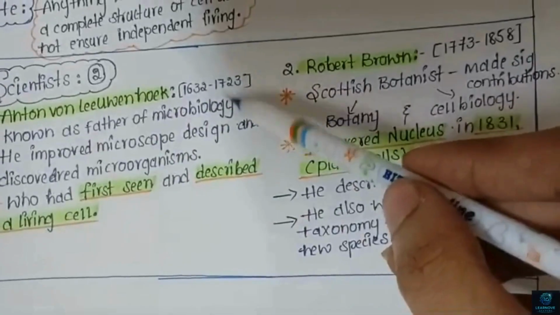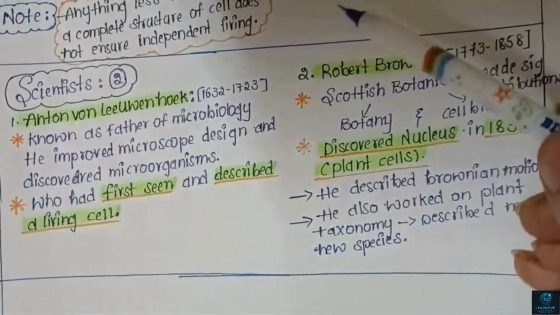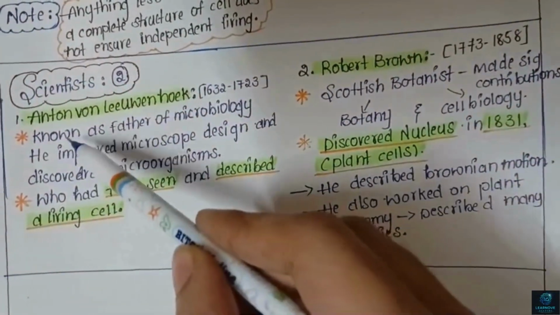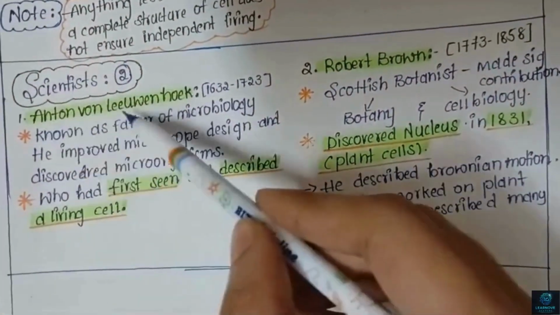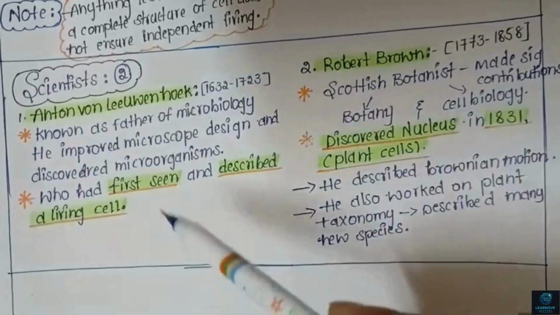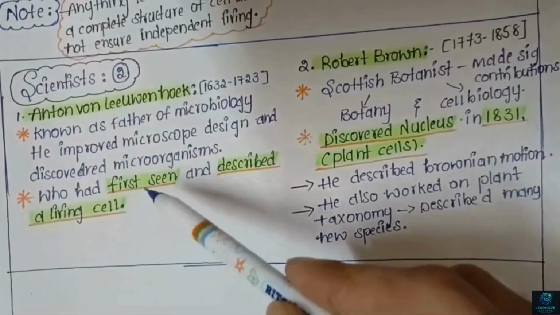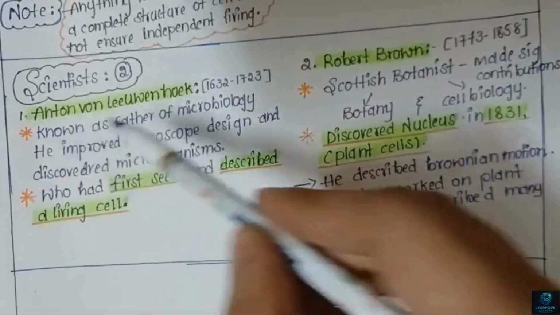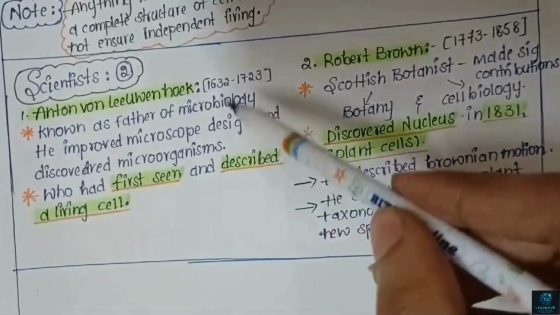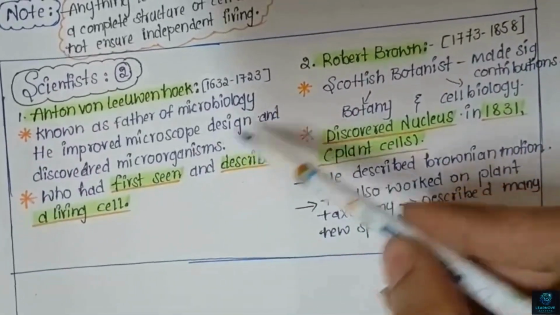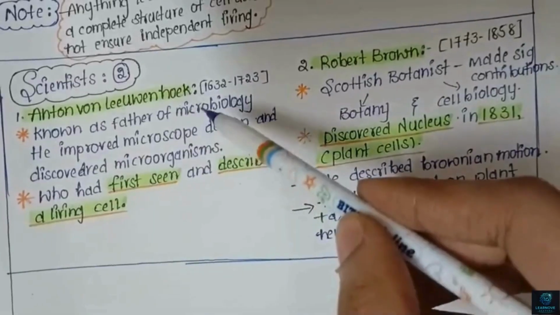Coming to the scientists who described a living cell and nucleus, there are two scientists. The first one, Anton van Leeuwenhoek, first saw and described a living cell under the microscope. He is known as the father of microbiology. He improved microscope designs and discovered many microorganisms.